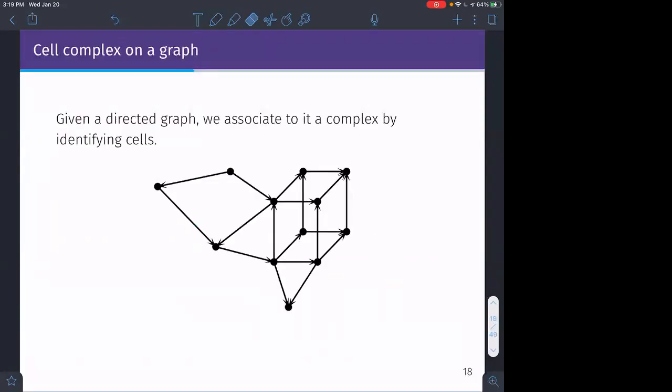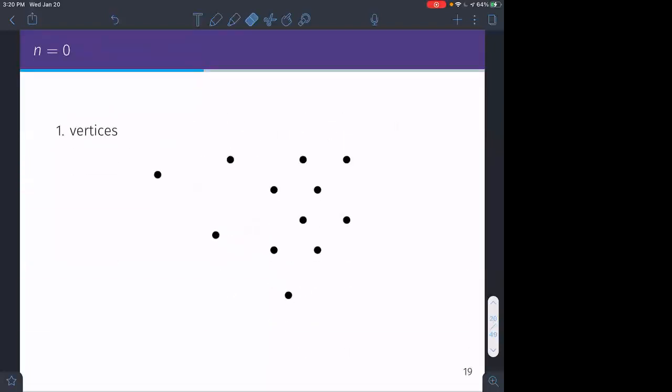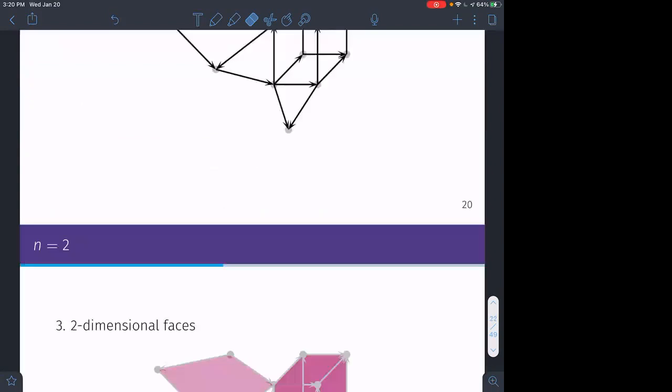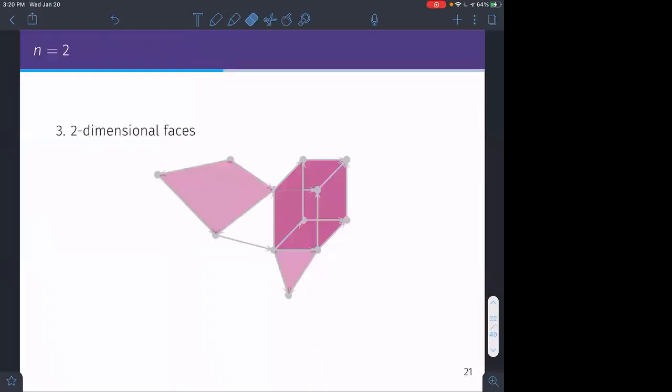So now what would the cell complex in a graph look like? Again, at first glance, this just has vertices and edges, but I can start associating a complex if I look for prodsimplicial cells. In degree 0, there's nothing interesting, just the vertices. In dimension 1, ignore the vertices and now look at the edges. The direction is included. In 2 dimensions, I can start filling in these 2-dimensional figures.